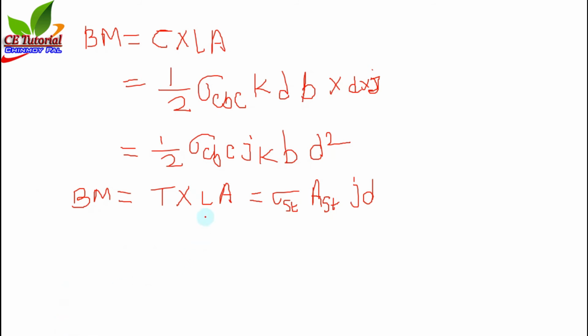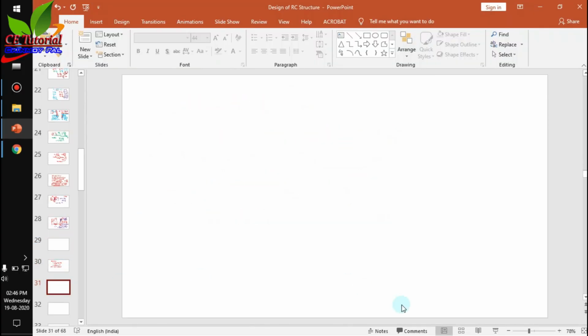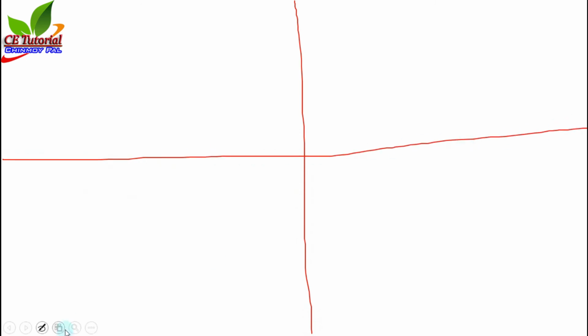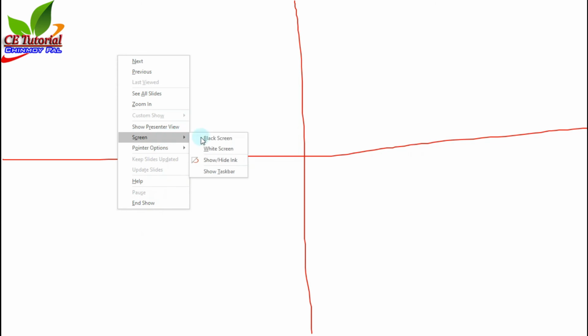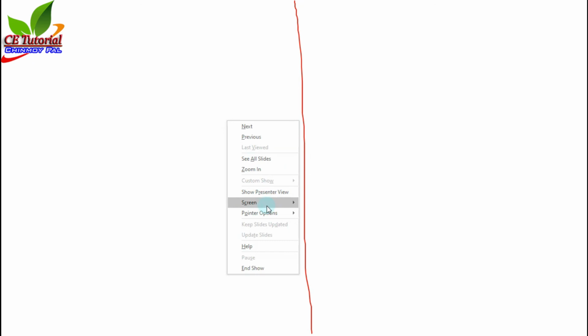To understand this, you have to think what is happening at the time when we are gradually applying the load. Okay, now we have to notice the change of all those parameters simultaneously.